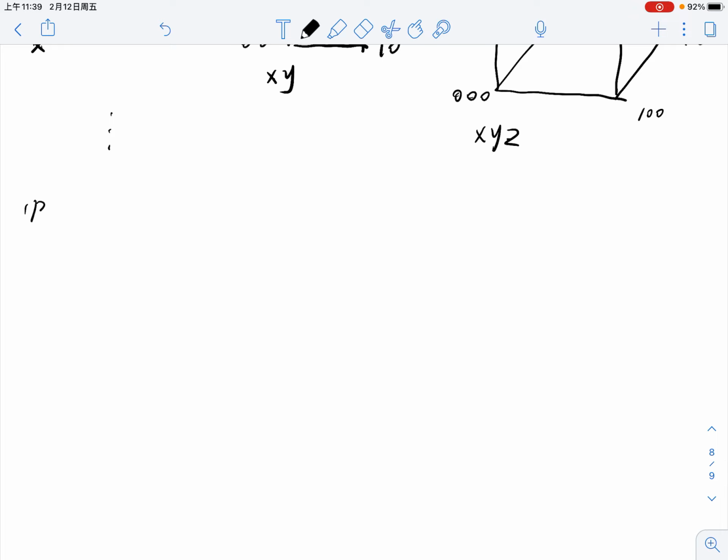for Rn we cannot draw it on paper because we never see any Euclidean space with dimension strictly greater than 3.